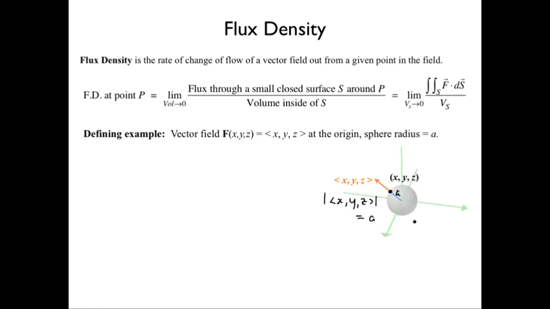And so then you imagine all the vectors of this field, it's constant, right? So on this whole spherical surface, you have vectors of magnitude A pointing out from the origin, or pointing out orthogonal to the sphere. Does that make sense? That the magnitude of that vector is the same as the radius of the sphere.